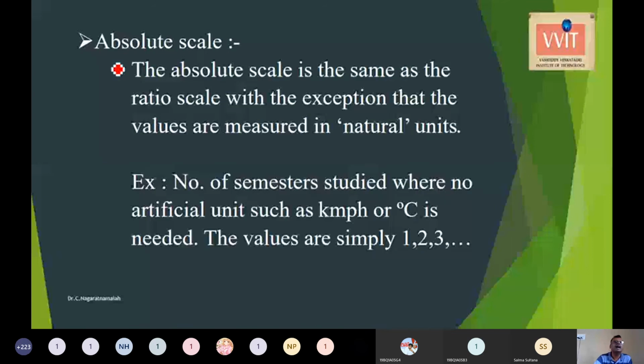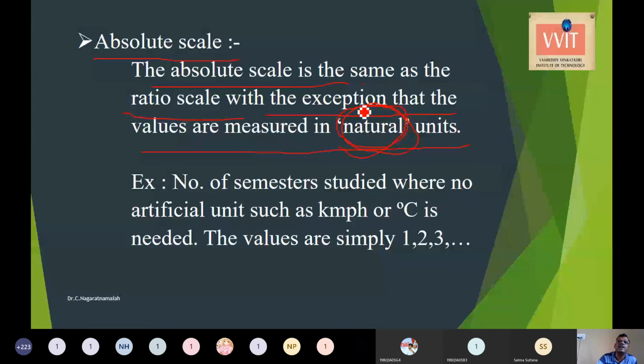Then one more thing, the absolute scale. The absolute scale is the same as the ratio scale with the exception that the values are measured in natural units. Natural units means you have to take the positive values. Therefore, the absolute modulus of -2, -3, we have to count as positive values.